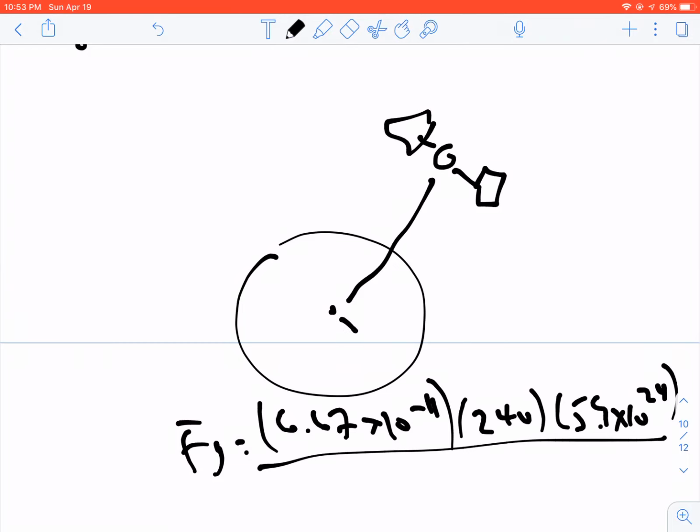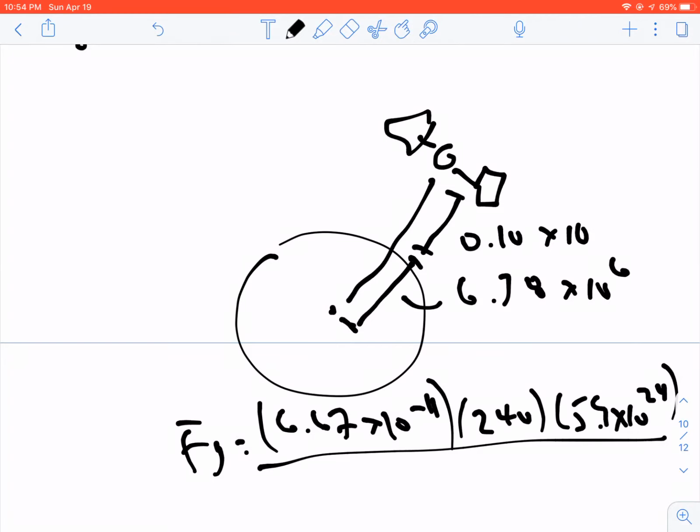Now, if from here to here is 6.38 times 10 to the 6, and this is 0.10 times 10 to the 6. That's 100 kilometers up. So my R value now is 6.48 times 10 to the 6, because that's how far it is from the satellite to the center of the Earth, squared.